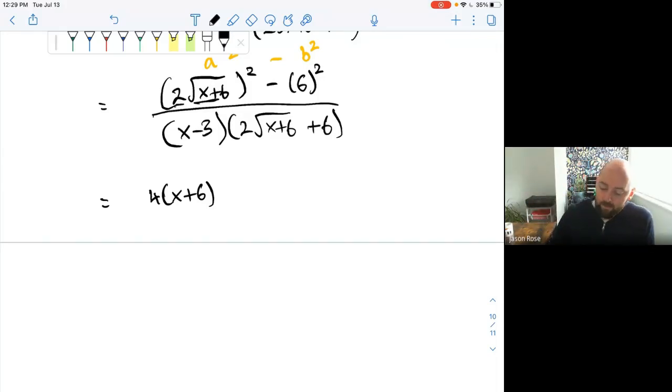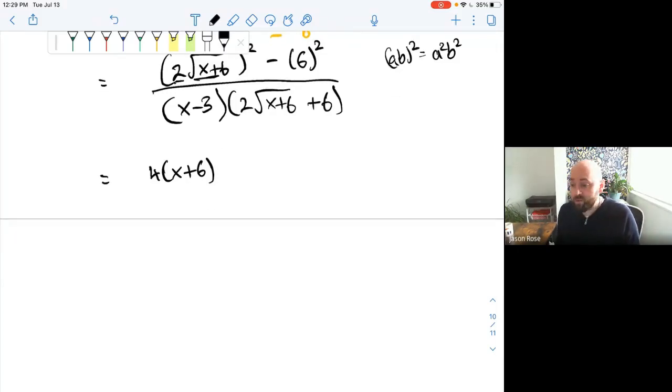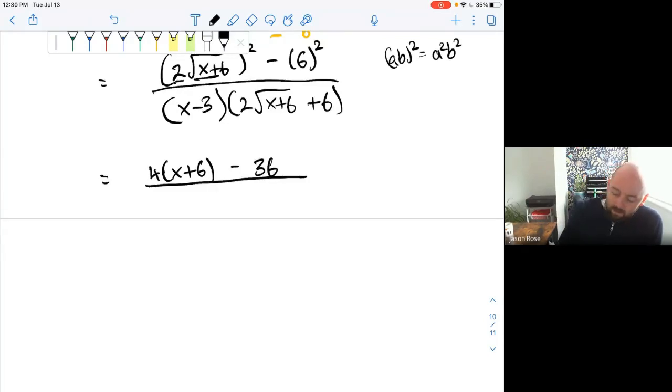It comes from this property that ab squared is equal to a squared b squared. So that's why it's 2 squared times root x plus 6 squared. 6 squared is 36. The denominator is going to stay the same for now.